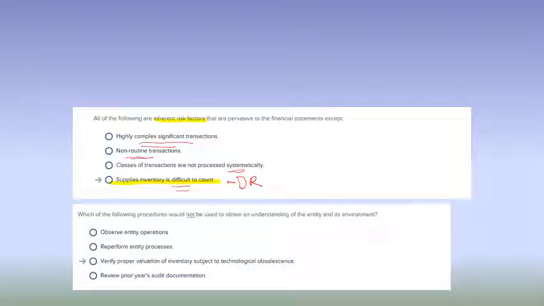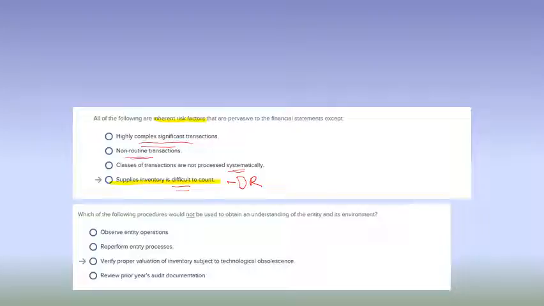These aren't really dealing with environmental factors that we would consider. These are more related to the accounts themselves here, but these are clearly inherent risk factors, and we would look for controls that the company has put into place to help mitigate those inherent risks.